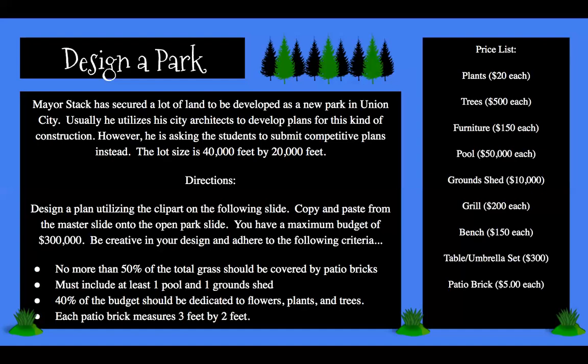50% of the entire surface or the grass area needs to be covered by patio bricks, some additional non-negotiables of what it must have. I start adding in budget concerns, and 40% of the budget should be dedicated to this, 30% to this, 10 to this, however you design it. Giving some smaller dimensions to patio bricks, giving a collection of pricing on the side, so I can do a lot with algebra and equation, and talking about how I'm using algebra to obtain total prices or individual prices for collections of things, right?